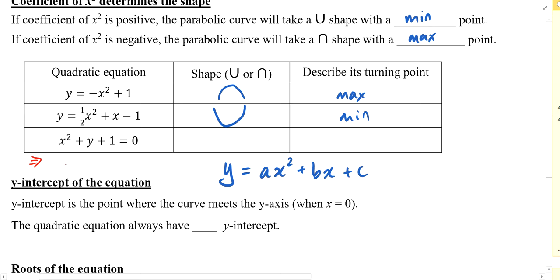So here we have y equals negative x squared minus 1. Okay, so since it is y equals negative x squared, then what is the shape? Opening up or down? Down. And we have a maximum point. Any questions?